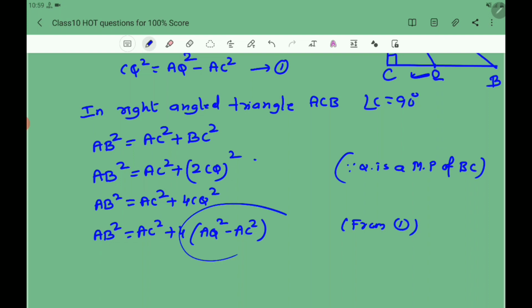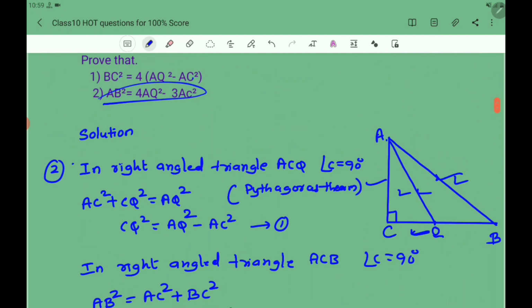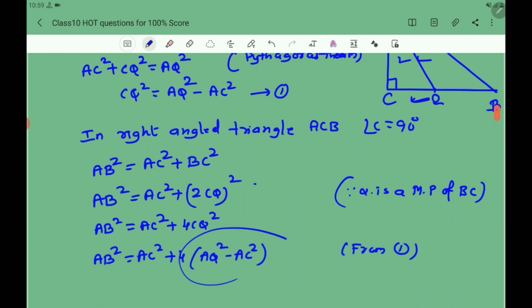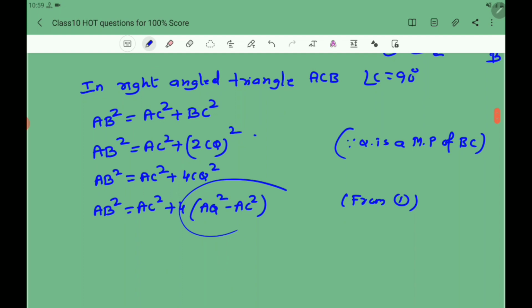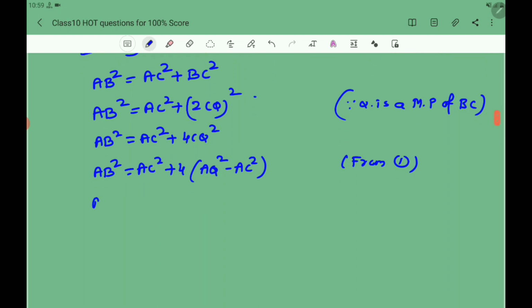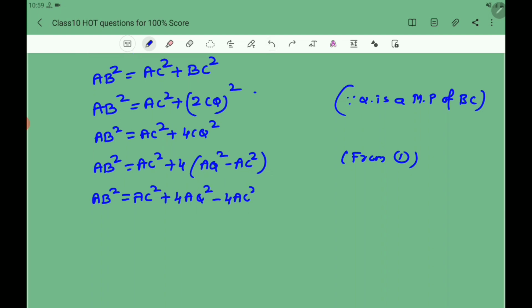Why do you have to write this? Because you have to express this AB square in terms of 4AQ square minus 3AC square. CQ square is not there. Therefore you write CQ square in terms of AQ square minus AC square, from first. Then AB square equals AC square plus 4AQ square minus 4AC square. 4 into AQ square is 4AQ square, 4 into AC square is 4AC square.